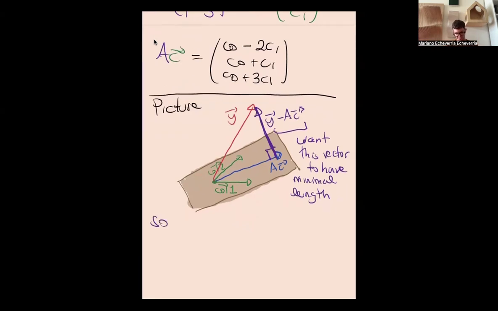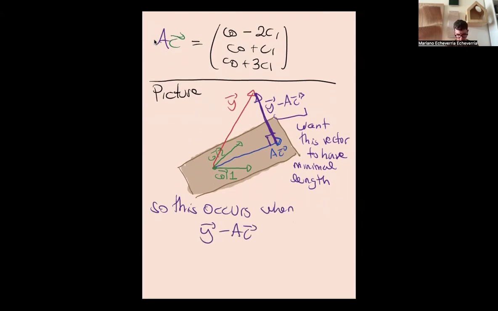So this occurs when y minus A times c, which is what we had called the error vector. So this is the name for the error vector. The error vector has to be orthogonal to the plane. That's the criterion.